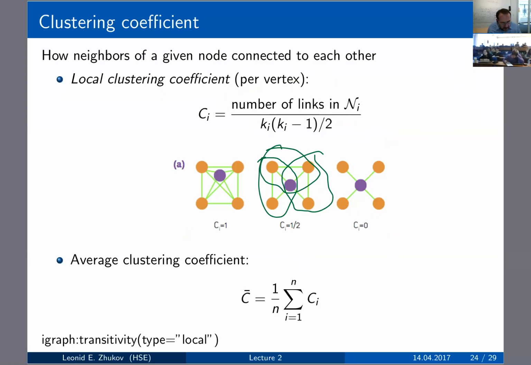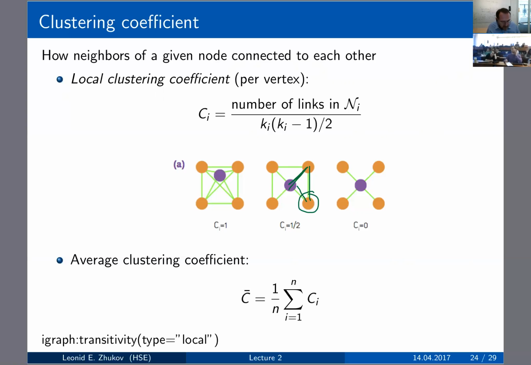Now we can calculate, of course, this clustering coefficient for any other node. And for this node, clustering coefficient will be 0 because it's also not connected. I mean, it's connected to this node, but it's not connected to anybody else, right? And clustering coefficient will be different in here, right? Because it has 2 nodes and they're connected.